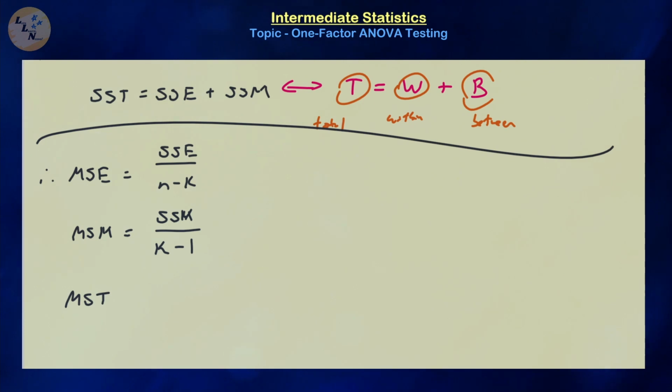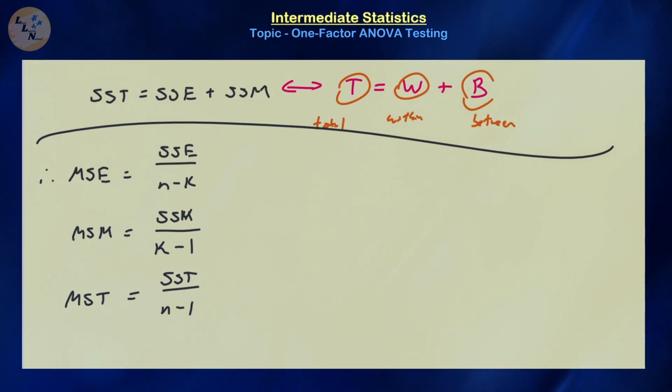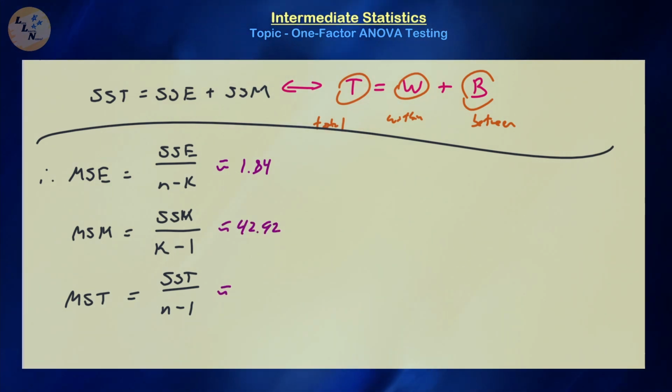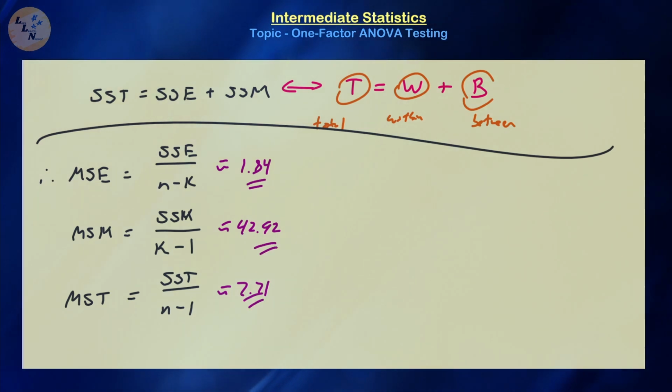And the mean square error for our total, that's going to be equal to the total sum of squares divided by our sample size minus 1. So for our particular example, you can find that's approximately equal to 1.84, that's approximately equal to 4292, and that's approximately equal to 7.71. All right.